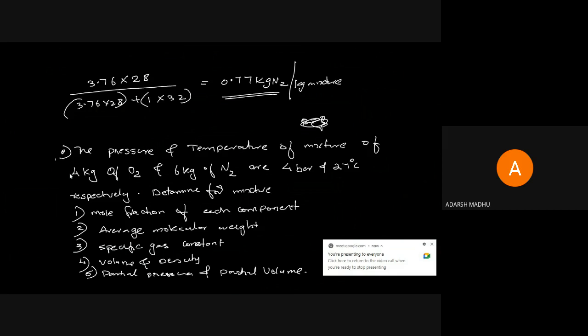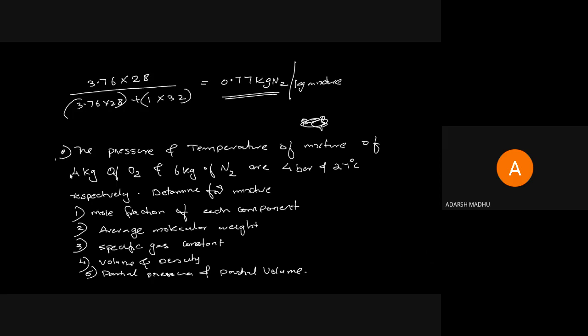The pressure and temperature of a mixture of 4 kilogram of O2 and 6 kilogram of N2 are 4 bar and 27 degrees Celsius. A particular gas composition is given here, that is, it possesses 4 kilogram of oxygen and 6 kilogram of nitrogen.